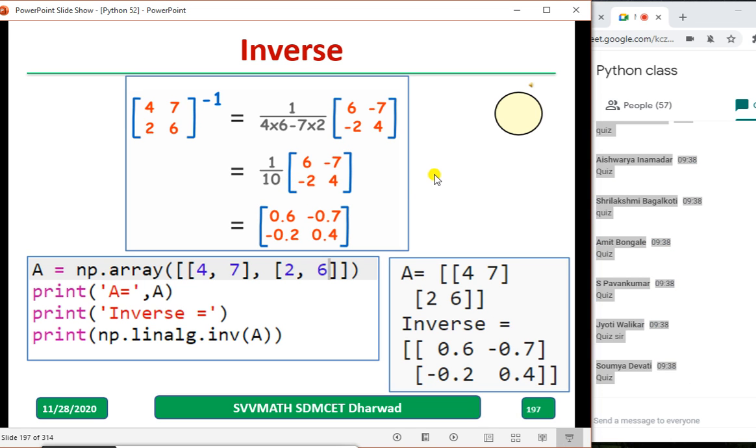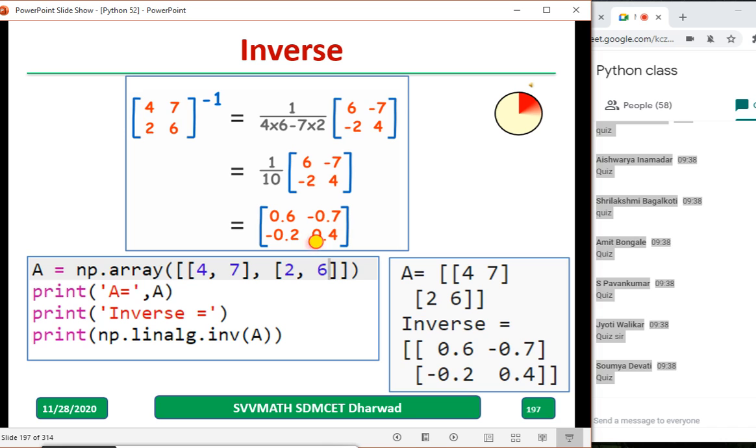Program executed. I found an inverse. All of you know how to find an inverse. I'm showing you one example, and one more program is there where I'll show all at a time. This is the inverse, how to find it. Go through the procedure and also the program, how we use the inbuilt function inv to find the inverse of a. I have given a as 4, 7, 2, 6.